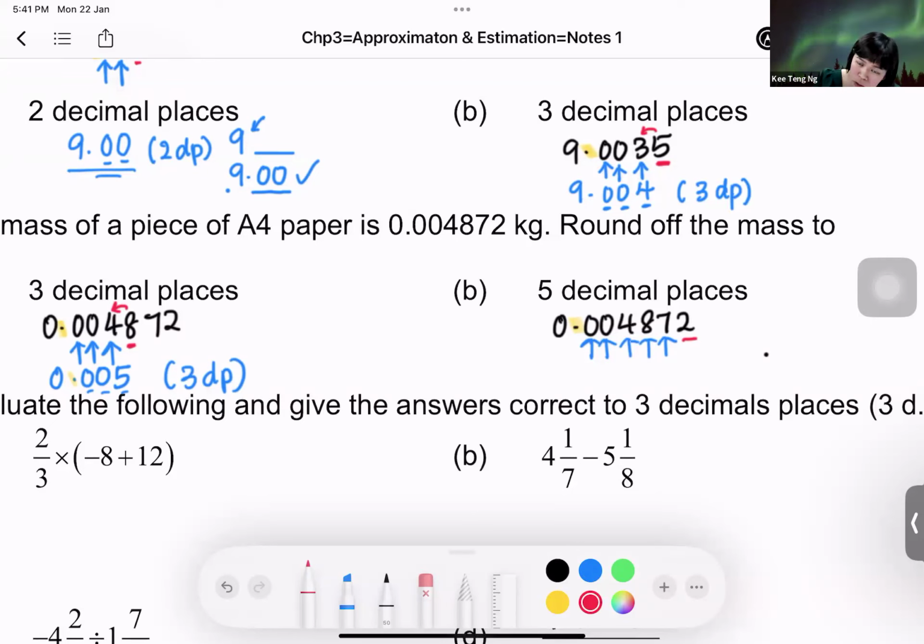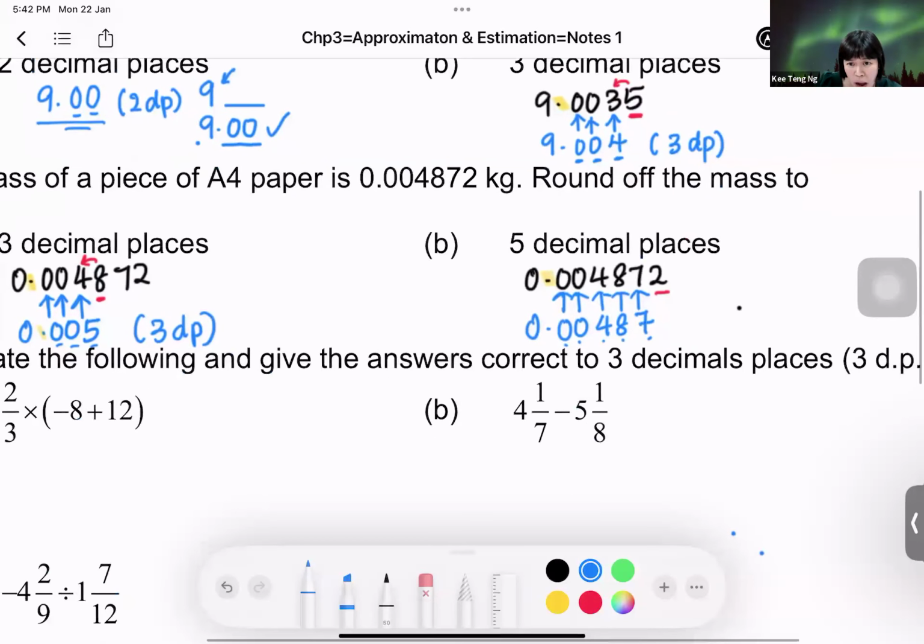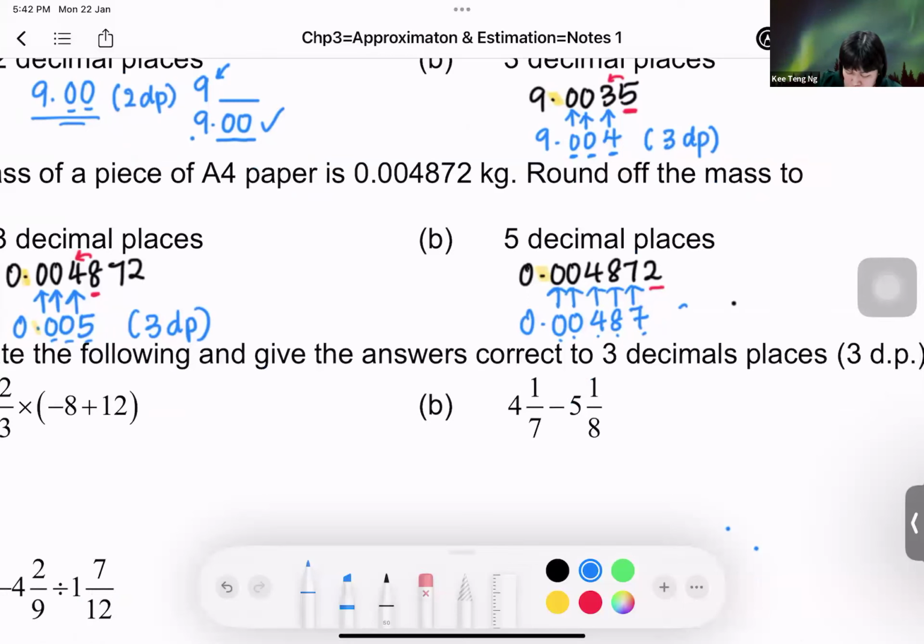I do not need to round up the number. So I leave the number as 7 and I cut it off, truncate, and I write the number as 0.00487. Let me count. 1, 2, 3, 4, 5. I got my 5 decimal places. So this will be accurate to 5 DP. Have you gotten the concept?